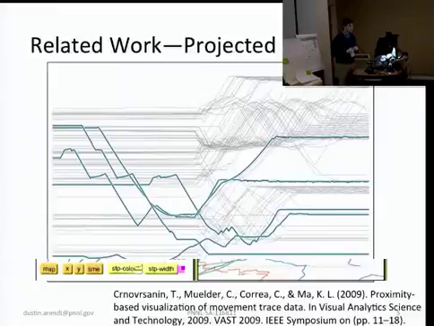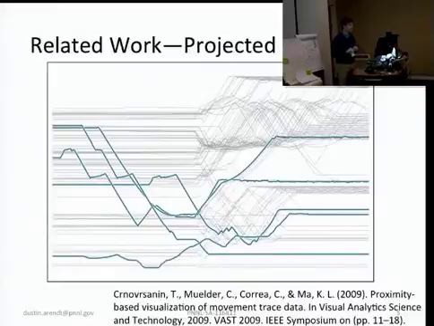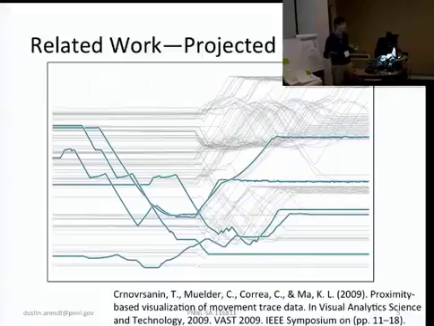So these folks kind of predate the storyline viz a little bit, and what they're doing here is they're recognizing that 3rd dimension really just messes things up. We don't want to do that. InfoViz is 2-dimensional, in my opinion. So we want to somehow take these trajectories and project them down to 2 dimensions.